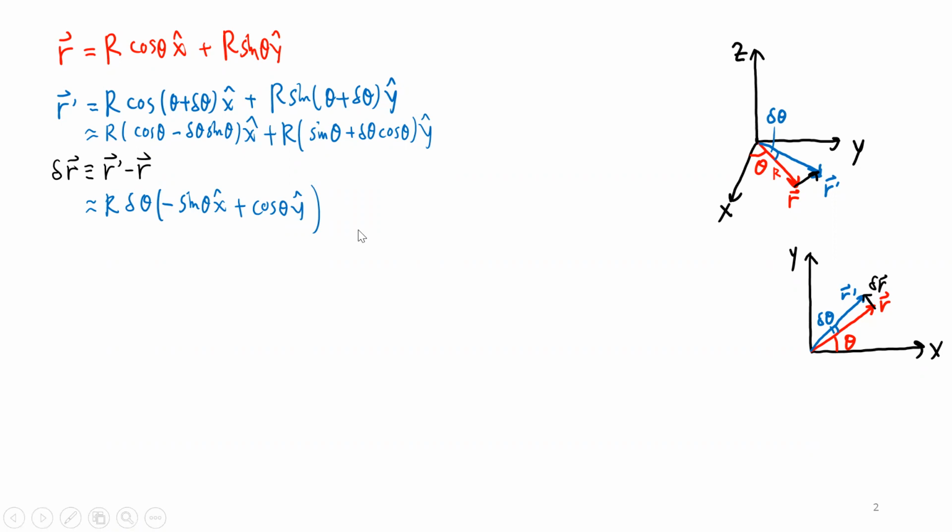Now you can see, either from the formula or from the picture, that this delta R is perpendicular to R. If you take the dot product between delta R and R, you get minus sine theta cosine theta plus cosine theta sine theta.